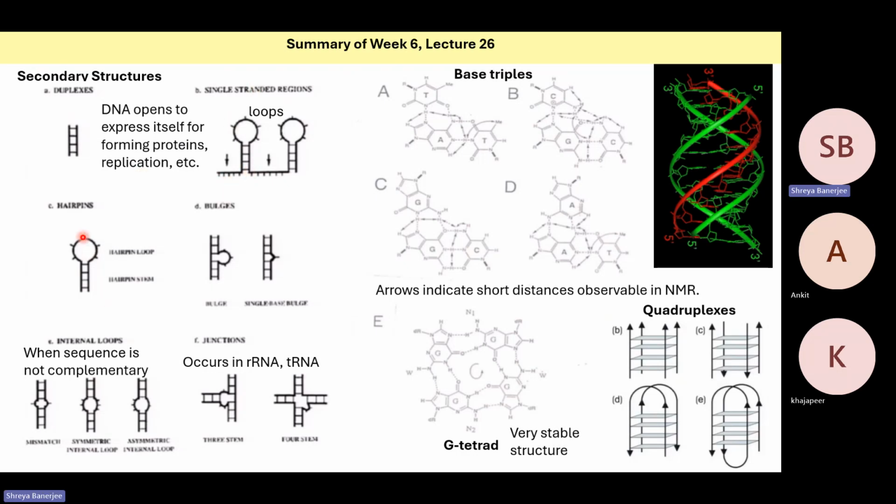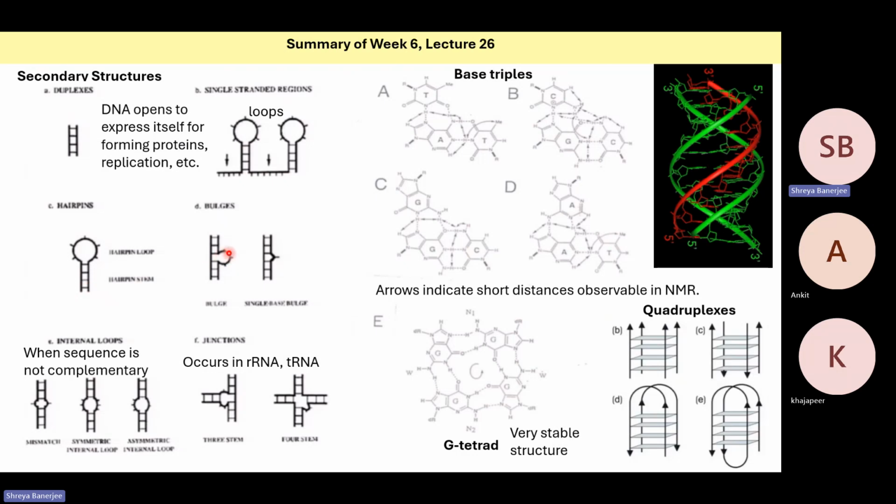If you have a structure like this, it is often called a hairpin, where you have a duplex strand, double-stranded DNA called the hairpin stem, and you have a single-stranded loop called the hairpin loop. Other kinds of structures are bulges. So bulges are basically where you have loops, but here the loop is formed at the end of the duplex strand.